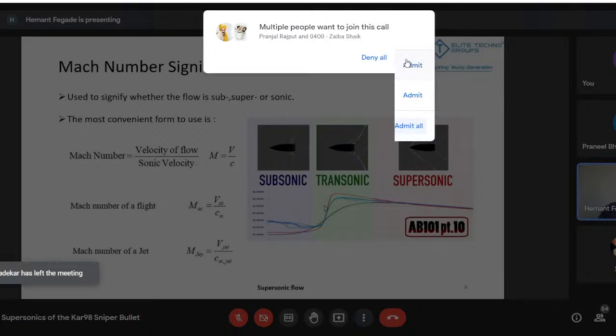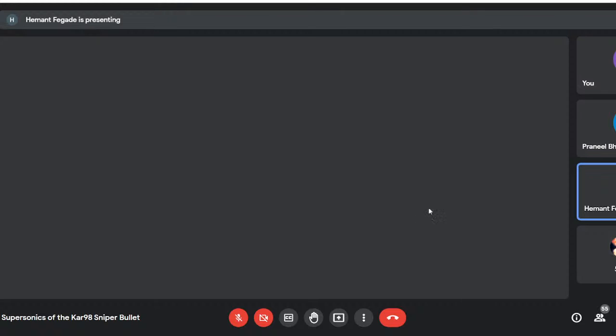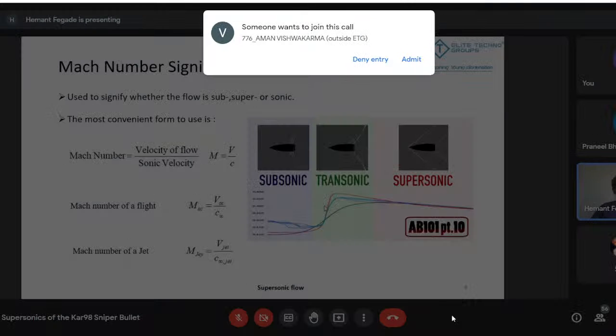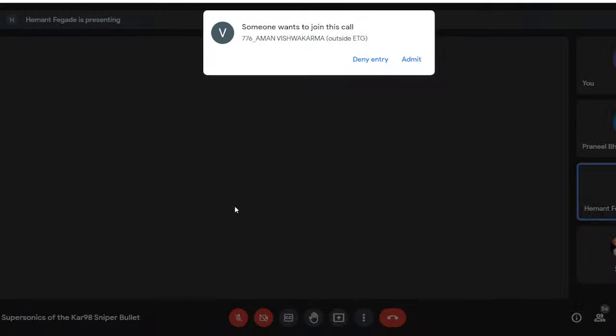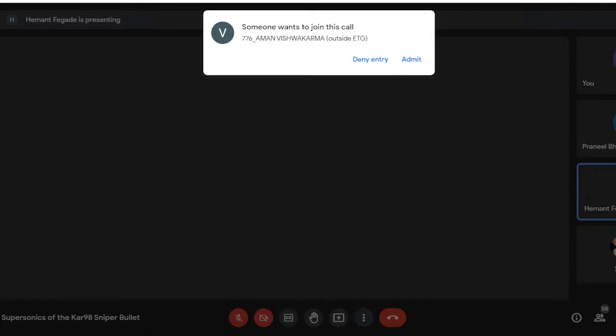If you are moving at a speed less than the sonic velocity, your flow will be classified as subsonic. If you are moving at equal velocity, it will be classified as transonic or sonic, and above that it will be classified as supersonic. That's the general context we have for taking Mach number into account.